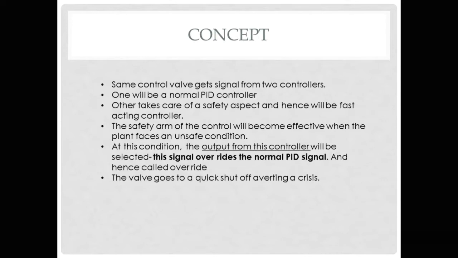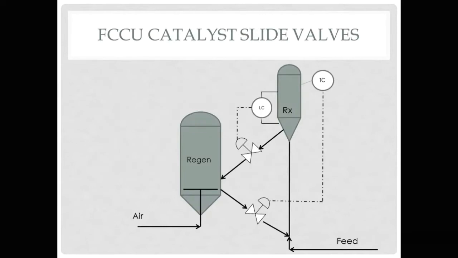As the safety controller has a high gain control, the valve immediately closes to avoid any safety problems in the plant. This gives the schematic of the FCC unit.